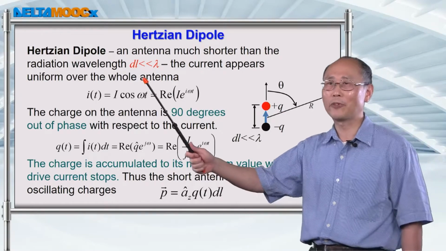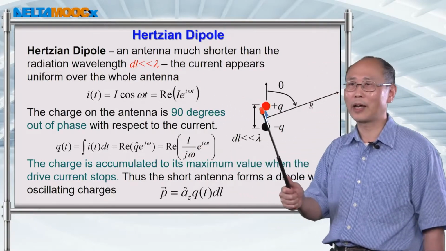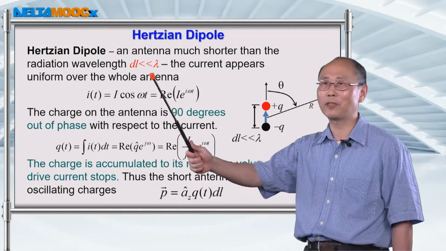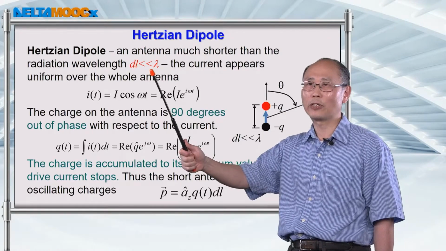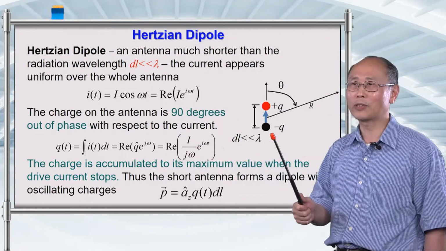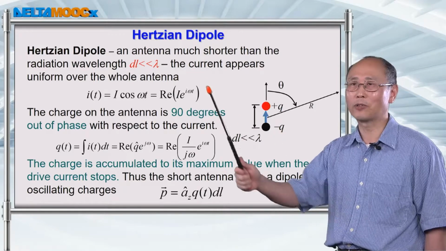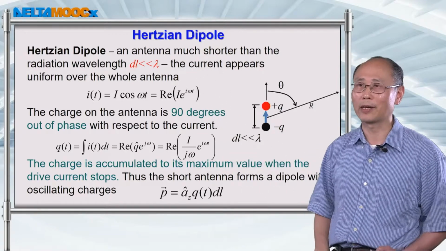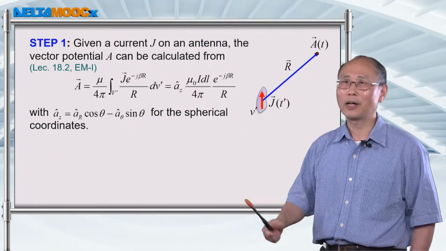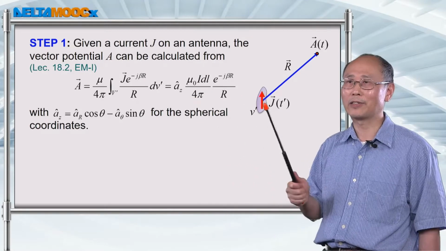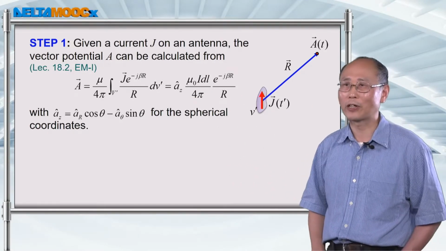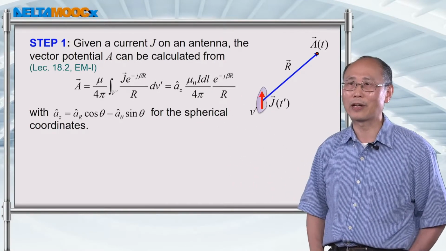And by the way, if you have an antenna length that is much less than the radiation wavelength, we call such an antenna a Hertzian dipole antenna. Now let's start to analyze the radiation from such a very teeny antenna.